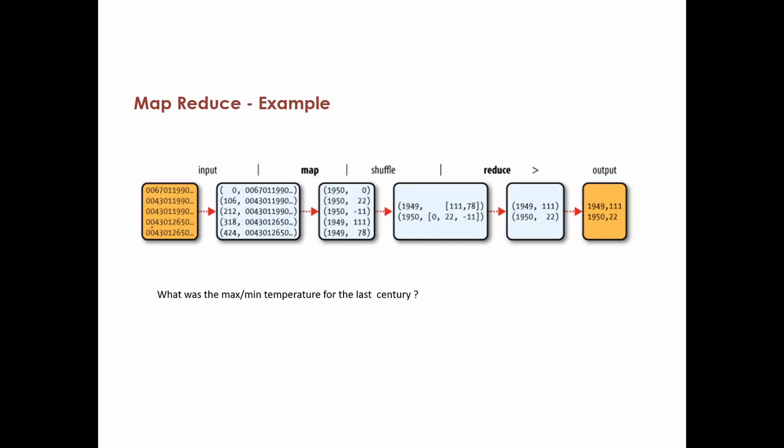So you need to first take as input, so let's say in this case the mapper input is of the form temperature followed by a date.